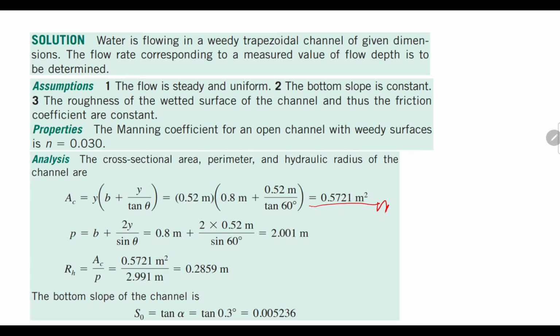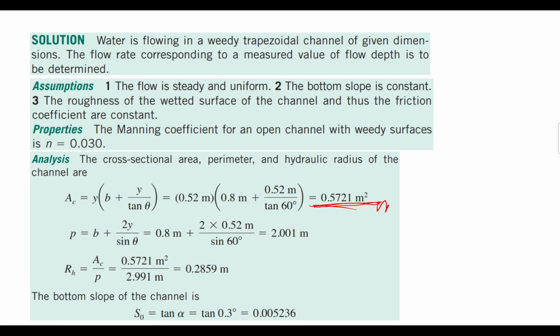You have different ways to solve for the area of the trapezoid. You can take the long side plus short side divided by 2, then multiplied by the distance between the two sides. If you have your calculator, you can solve this one. The area is 0.5721 square meter.